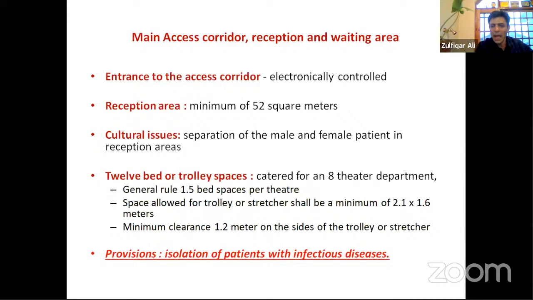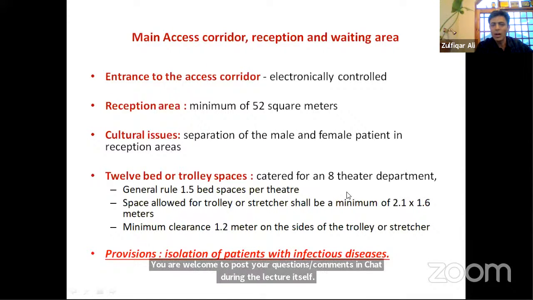And we have to have adequate waiting space for our patients who are going to be operated. There are recommendations that if we have around 8 theaters, we follow a rule of 1.5 bed space per theater.